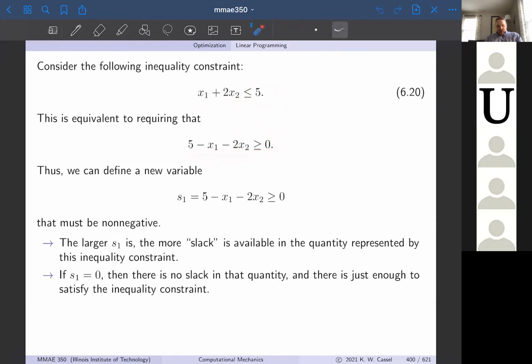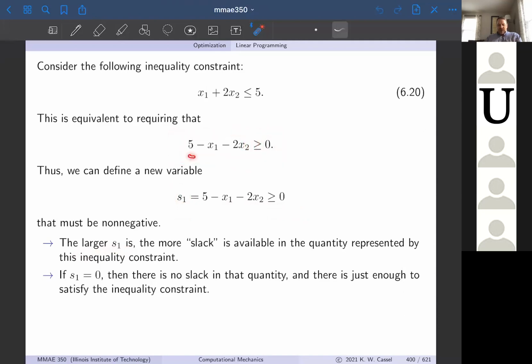Well, what if we were to define 5 minus x1 minus 2x2 as a new variable s1? And we say, okay, now this new s1 variable, called the slack variable, has to be at least as big as 0. So in other words, it's non-negative. So what this means is the slack variable is showing how much slack there is between the left-hand side and the right-hand side.